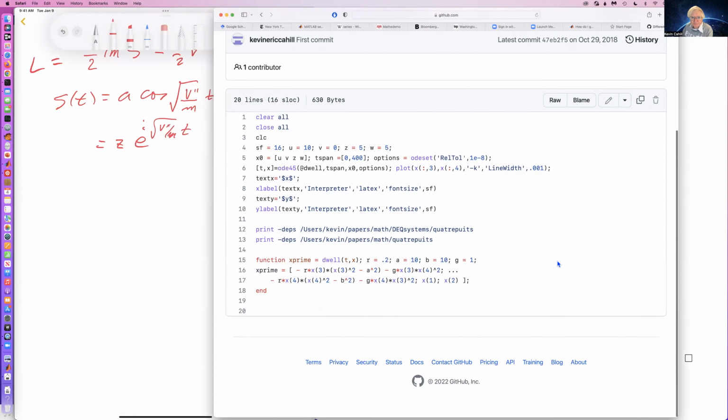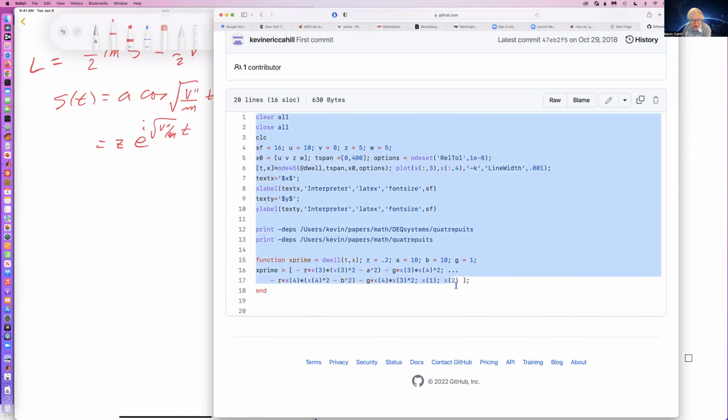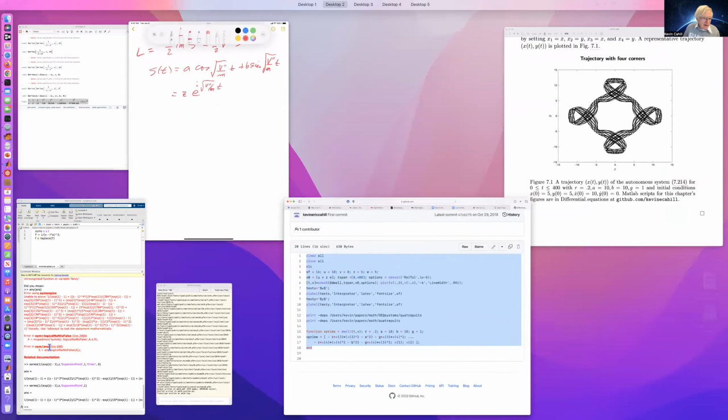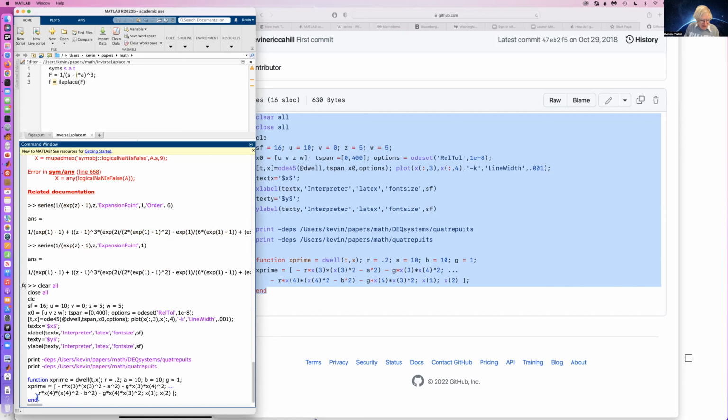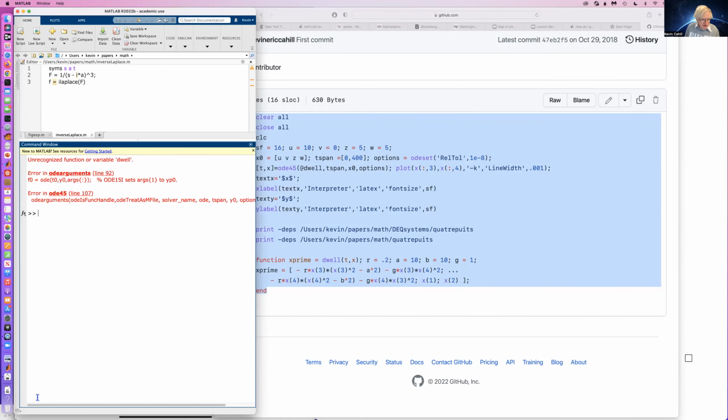And so what you can do is you can take all of this and enter it into Matlab. Well, let me see if I can copy it and stick it in Matlab right now on the fly. Now, if I just hit return, what happens?